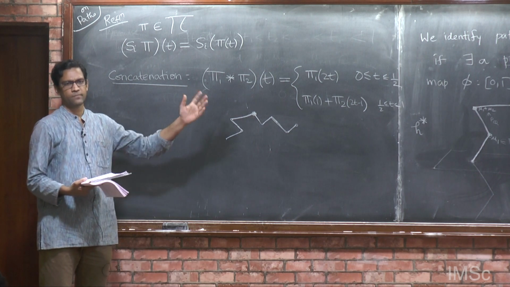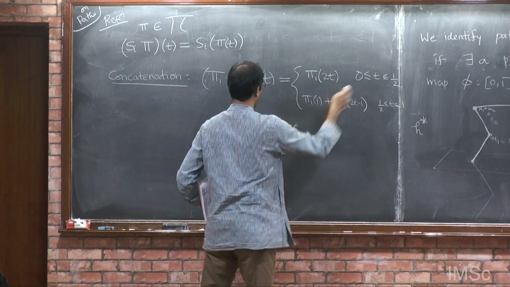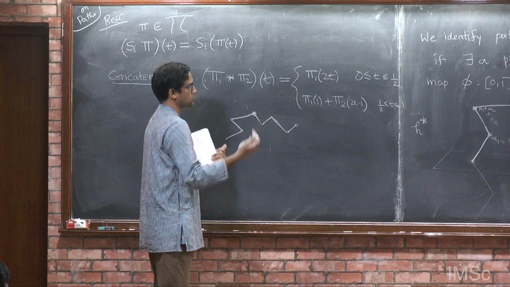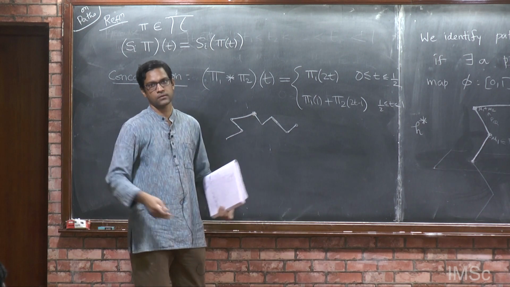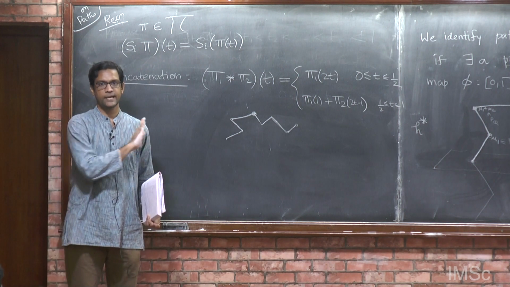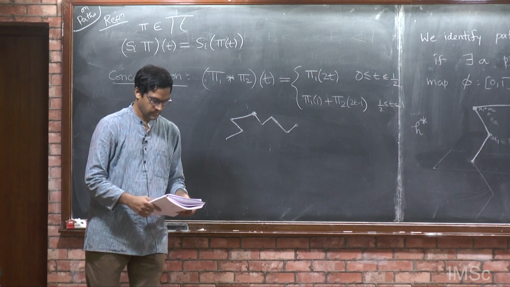Okay, so I could have reparameterized this in many ways. I could have written, instead of going from 0 to half, traversing pi 1 between times 0 and half, I could have chosen to traverse it on a longer time interval or shorter time interval and so on. Okay, the basic idea is that this is the actual trajectory that I get.